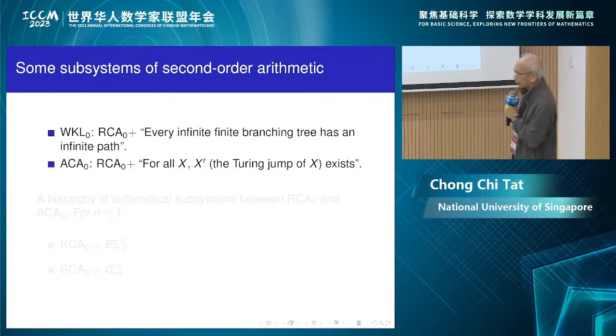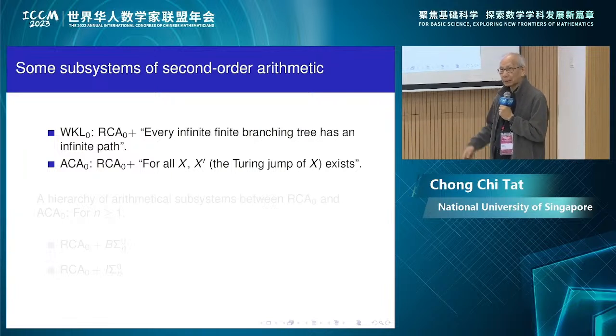And then after that is the system called ACA0. That's the arithmetic comprehension axiom. ACA0 consists of RCA0 plus the following axiom that says that if X, capital X, is a set, then X jump is also a set.